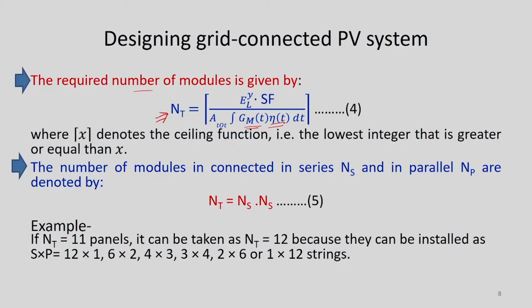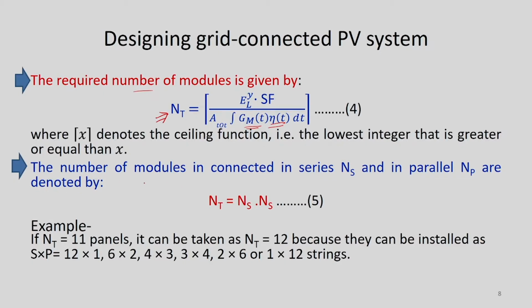Now, we need to know how you are going to connect those modules, because we need to connect them in parallel and in series. Okay. So, how will this configuration look? How many modules will be in series? How many modules will be in parallel? Okay.